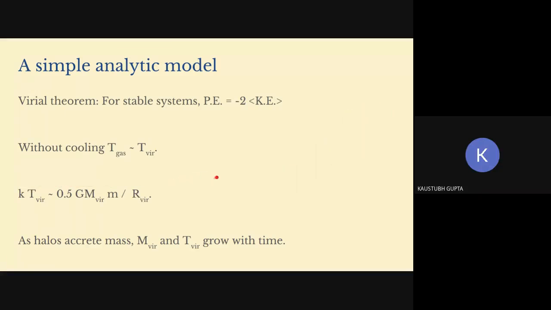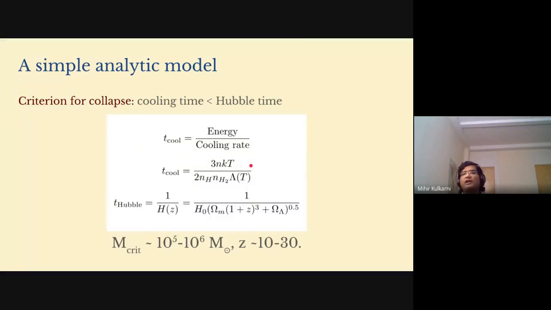Okay. So we can define a criterion for collapse, that is to form stars, as to have the cooling time for the gas be shorter than the Hubble time or dynamical time for gas to collapse. So we can define the cooling time of gas for any region as its thermal energy divided by the cooling rate. That is, if we ignore all other processes and assume there's only cooling, what's the typical time scale for gas to cool?